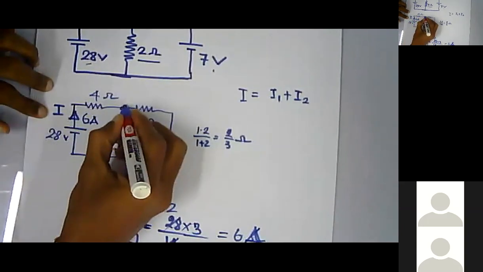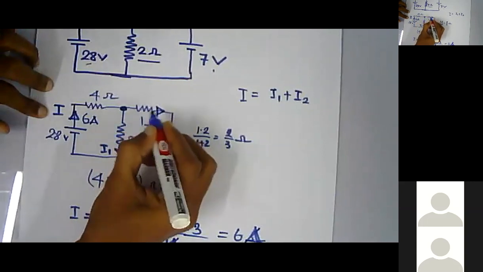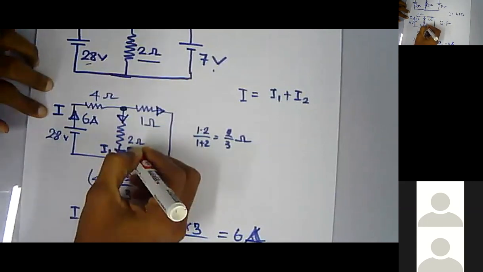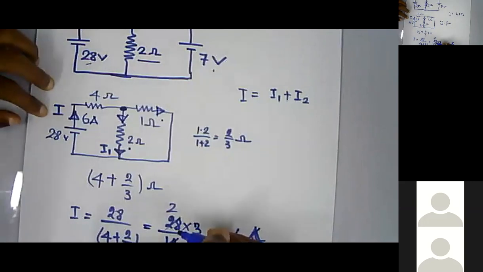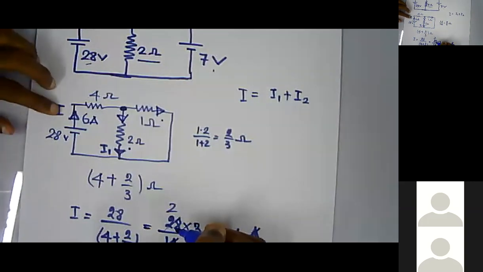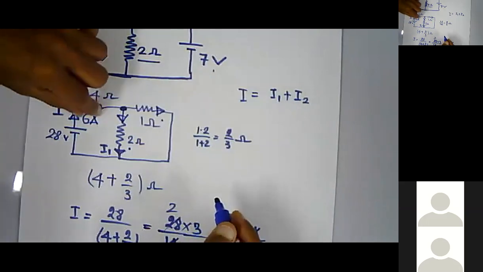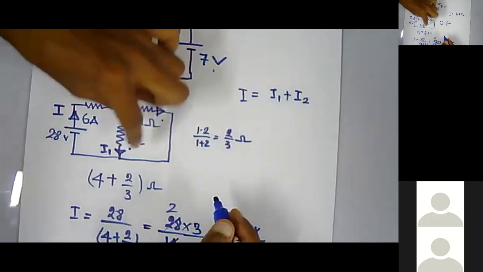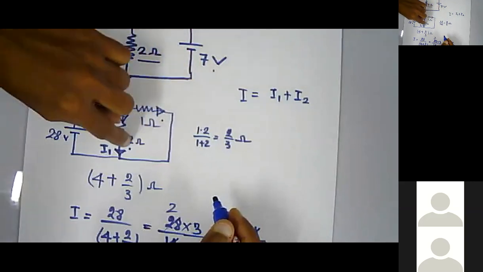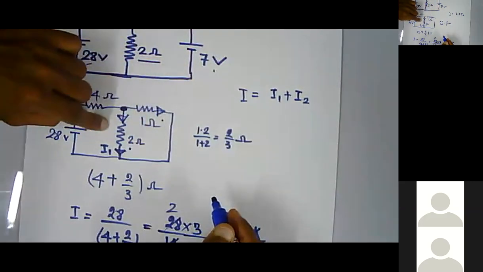Now that 6 ampere is going to divide into two branches at this point, through this 2 ohm resistor and this 1 ohm resistor. The 6 amperes will be proportionally divided, where the higher resistance gets the lower current.